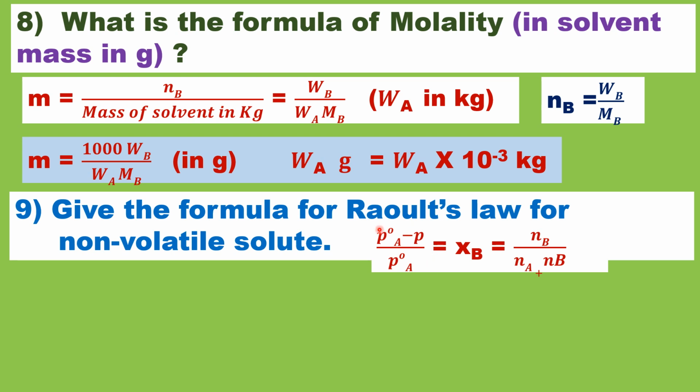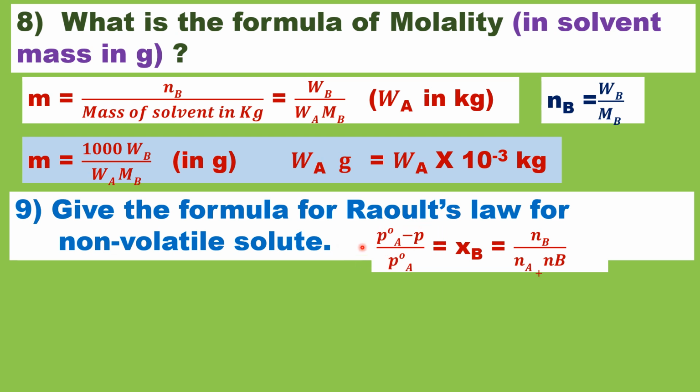What is relative lowering of vapor pressure? P0A is the vapor pressure of pure solvent minus P, where P is the vapor pressure of the solution after adding solute to it, divided by the vapor pressure of the pure solvent. This is the lowering of vapor pressure.